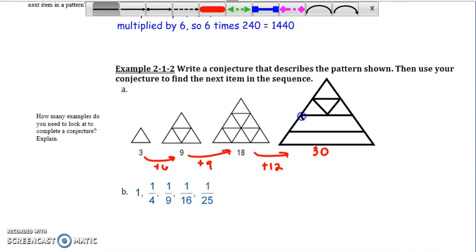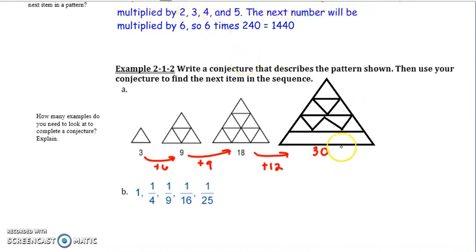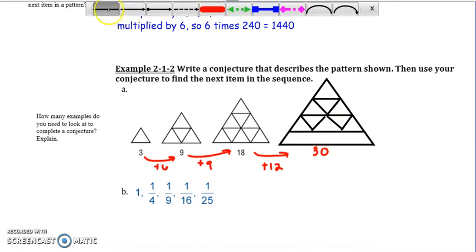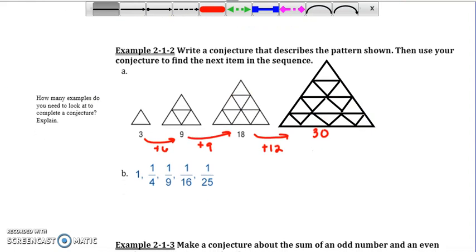So that would go there, that would go there, and this would go here. There we go. So that would be the next one in the pattern.